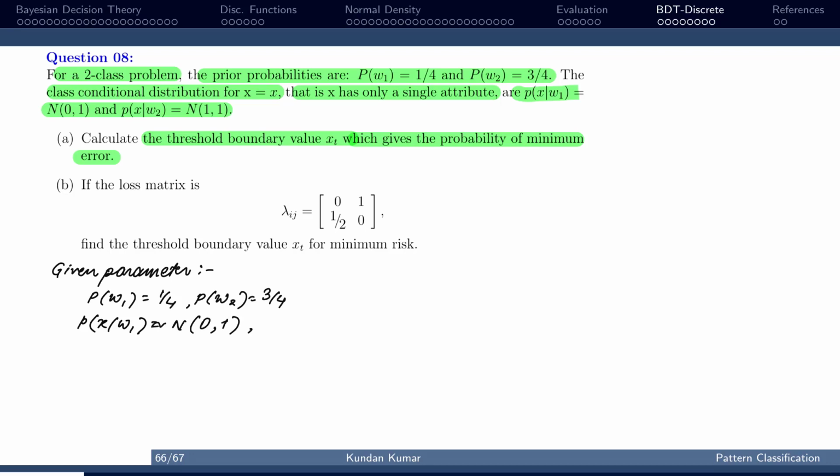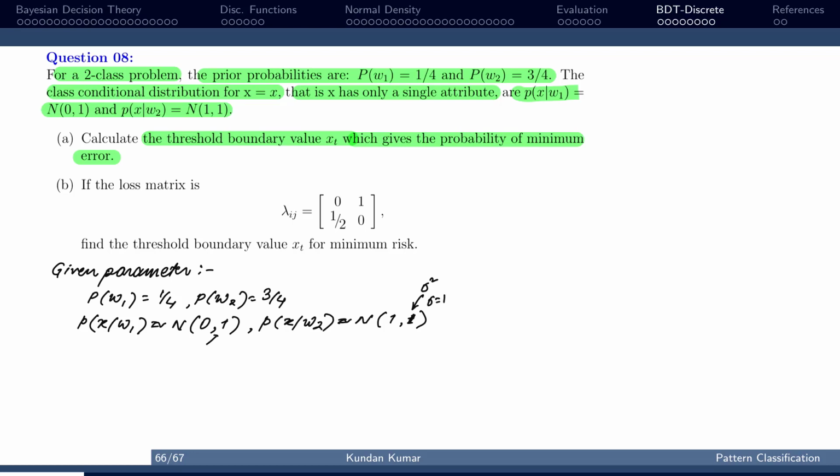So this one is for class 1, and we have the class conditional probability for class 2 as the normal distribution with mean equal to 1 and variance also 1. Because this is sigma square, so sigma will be 1.